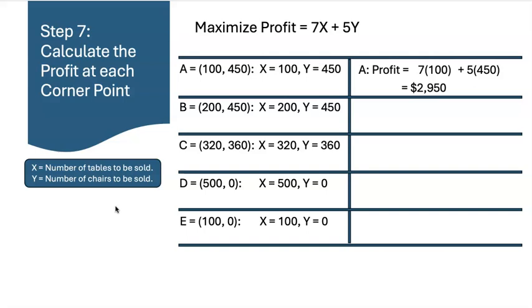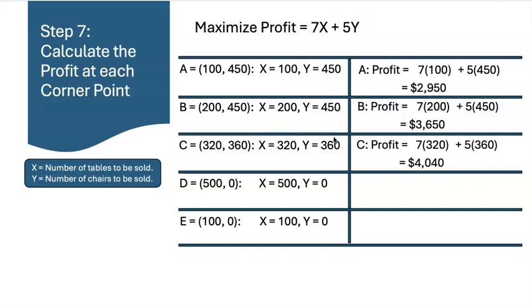At B, x is 200, so 7 times 200 plus 5 times 450 works out to 3,650. So the profit at corner point B is 3,650. At corner point C, we have 7 times 320 plus 5 times 360, which works out to $4,040.